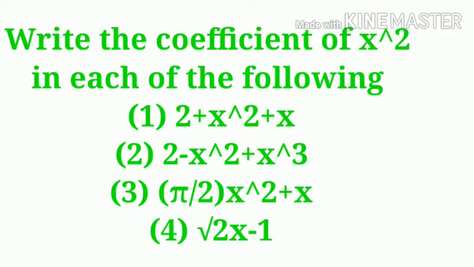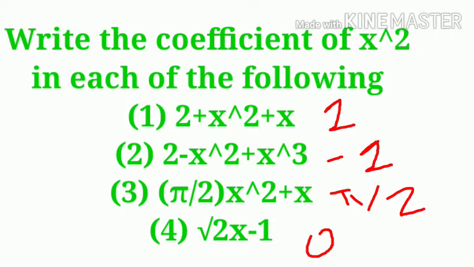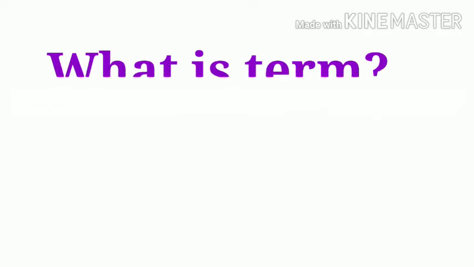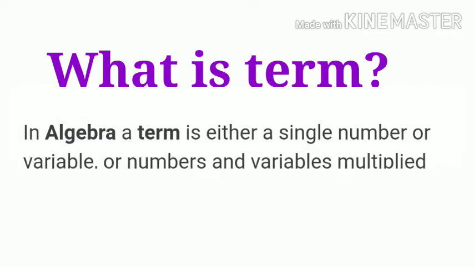And in the fourth, since there is no term of x square, we will consider that x square is multiplied with 0. That's why in this question, the coefficient of x square is 0.